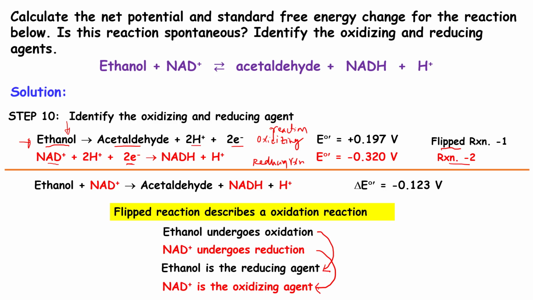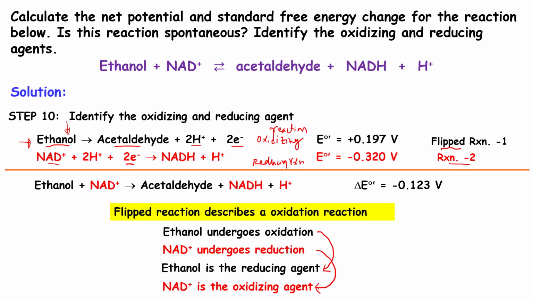So it's actually pushing ethanol to give more and more electrons. It is forcing the ethanol to undergo oxidation. It's creating the driving force for ethanol to undergo oxidation. In the same way, because ethanol is undergoing oxidation, it's giving a lot of electrons. It's also providing the driving force for NAD plus to accept the electrons.